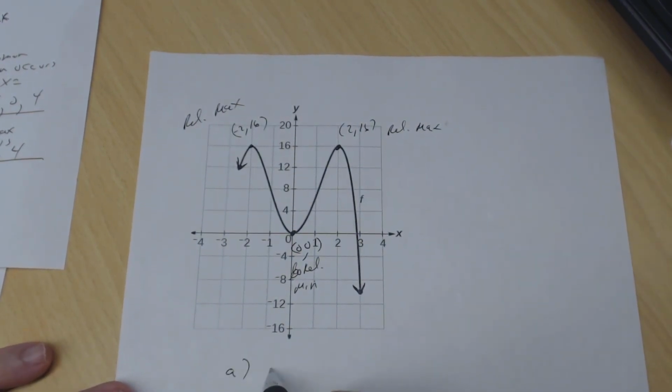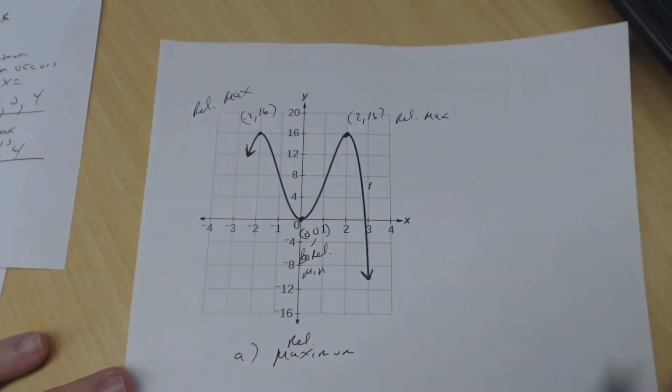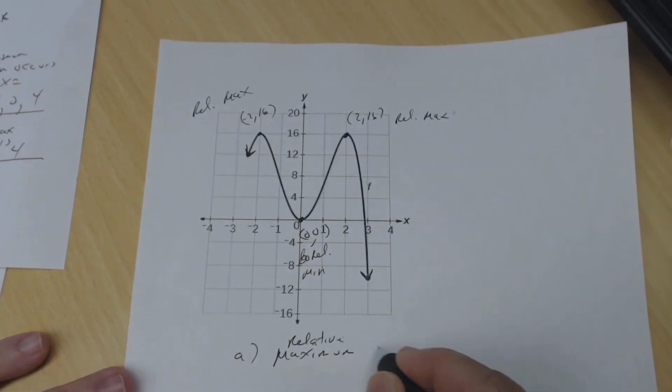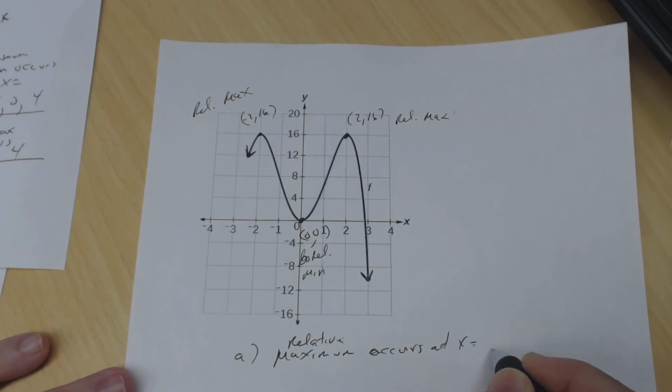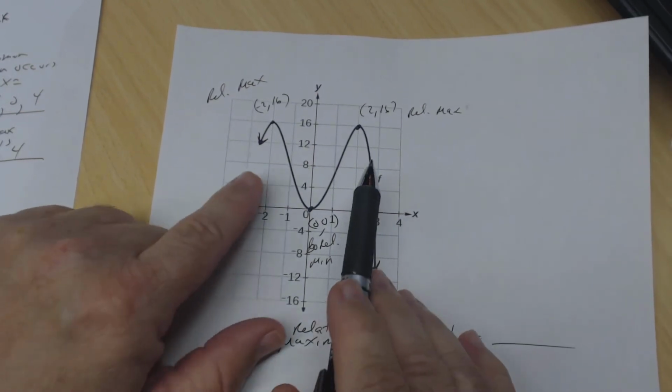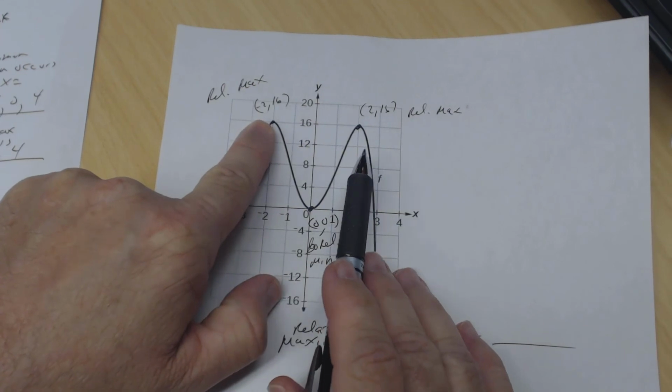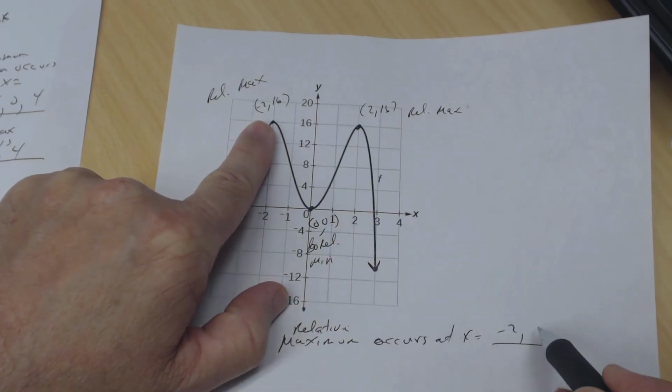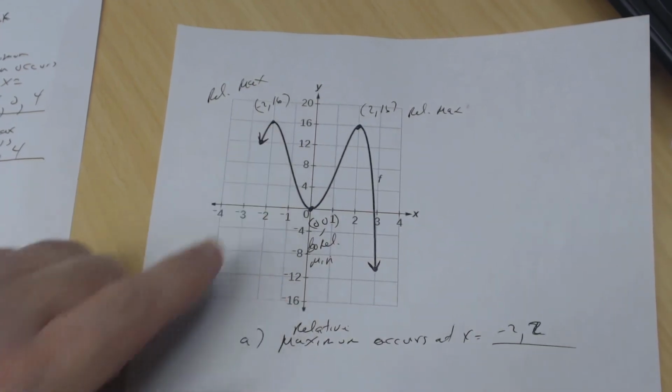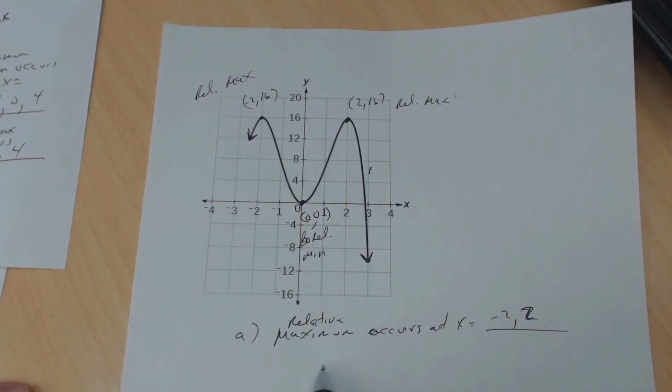Part A. The maximum, and when I say maximum, let's say relative maximum. Relative maximum occurs at x equal blank. So it looks like it occurs at x equal -2 and x equal +2. So -2 comma positive 2. Now I want to know what is that maximum value.